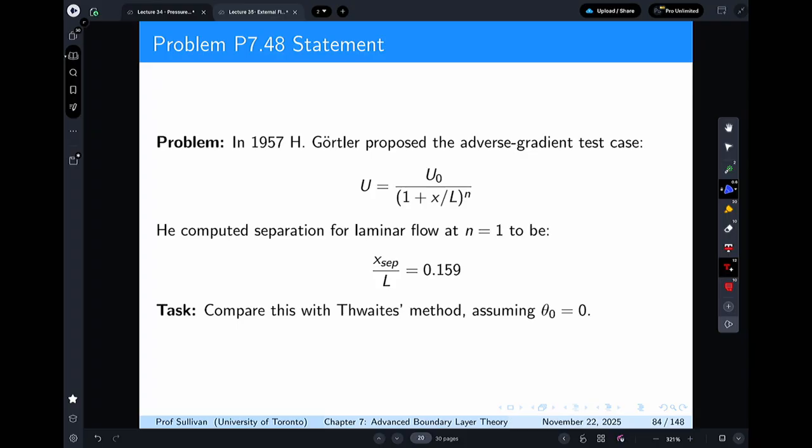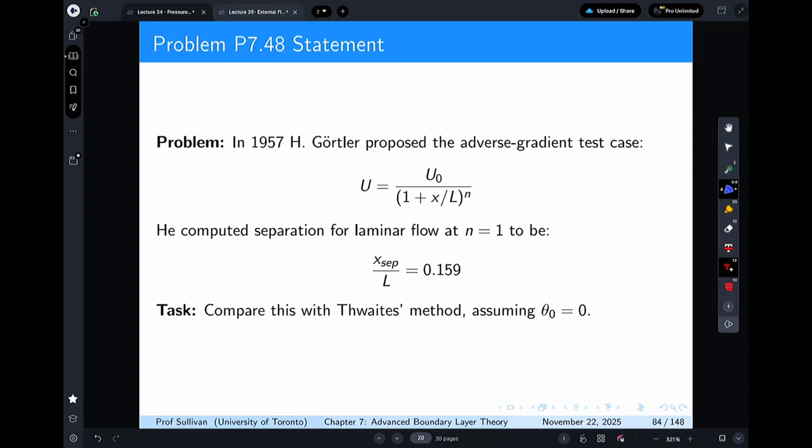So continuing, you have other solutions. And I'm not going to go into the full solution here. We're not going to rederive Gartler's solution. But he proposed an adverse gradient case, and it's this one, u naught over 1 plus x over L to a power n.